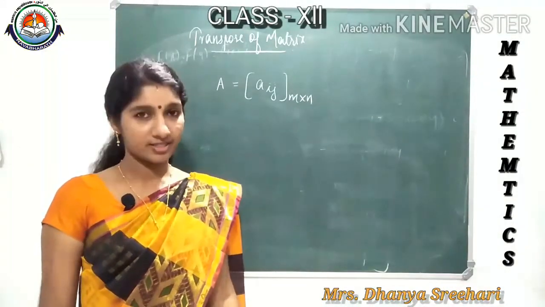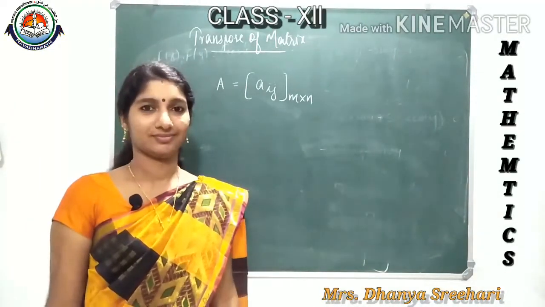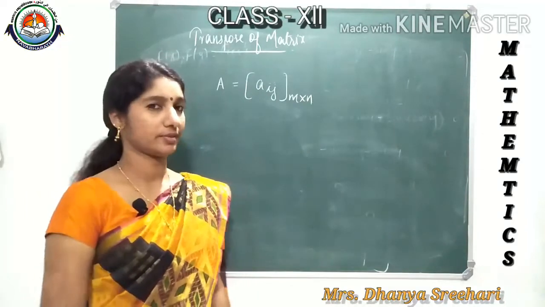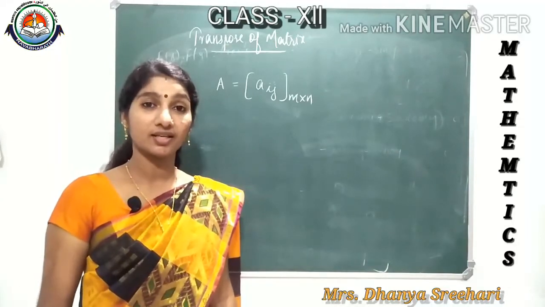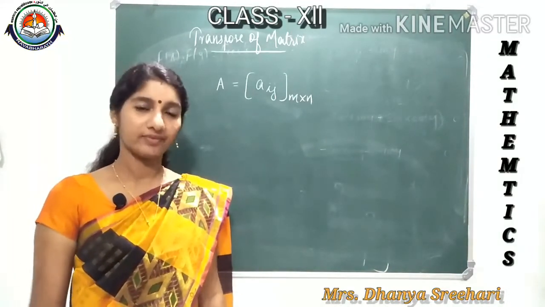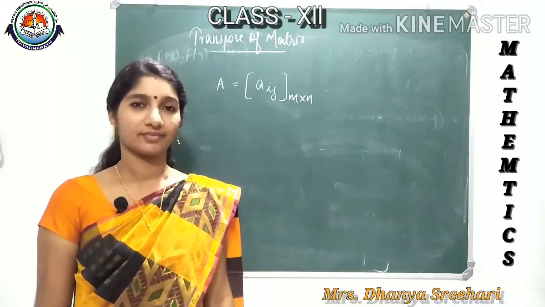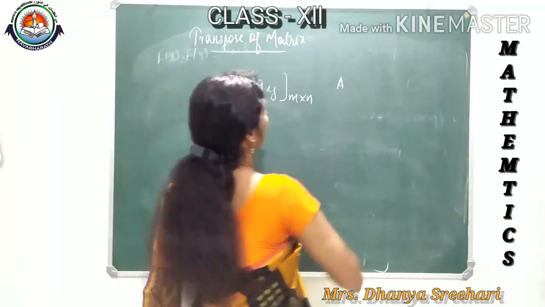To find the transpose, we are interchanging the rows and columns. Then we will get a new matrix. That matrix we are calling the transpose of the matrix A. Once more, we are interchanging the rows and columns of the matrix A, then we will get the transpose of matrix A. Clear? I will show you an example, after that it will be okay.